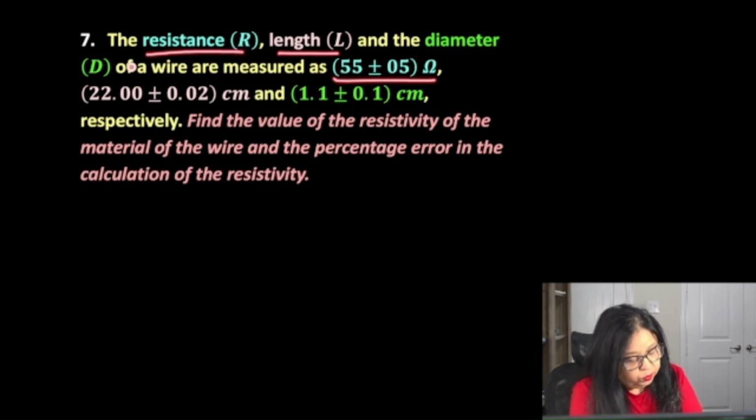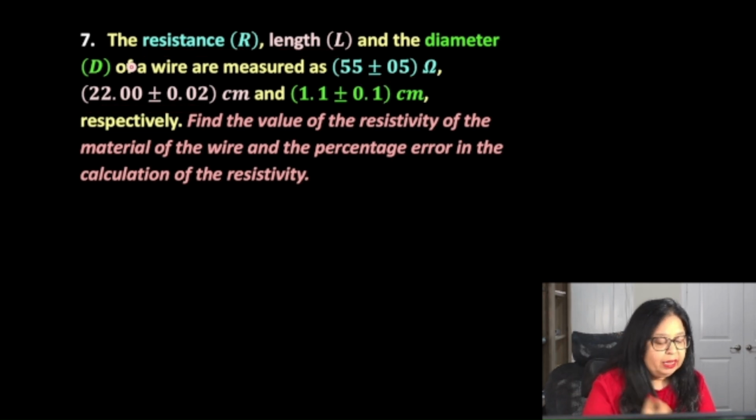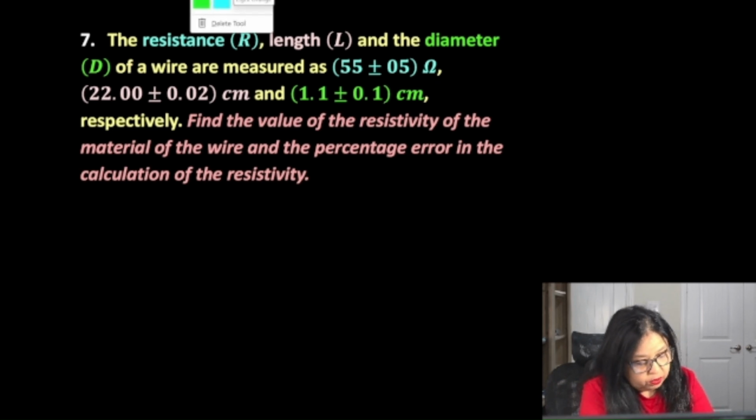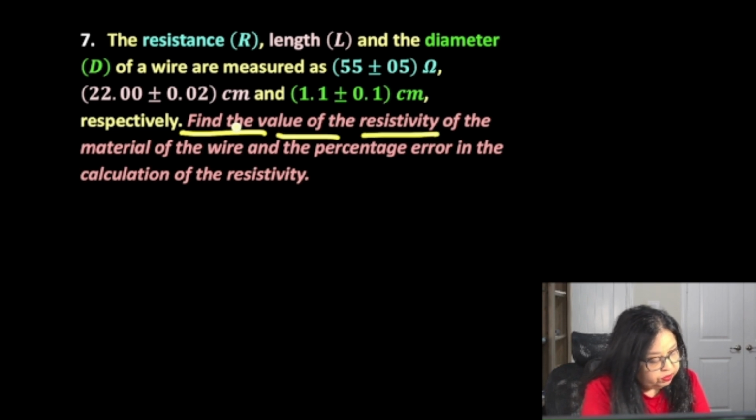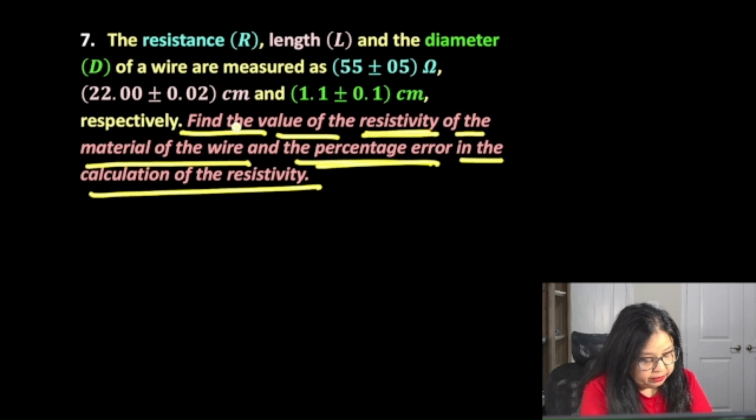The length is 22.00 plus minus 0.02 centimeters, and the diameter is 1.1 plus minus 0.1 centimeters. What are we asked to solve for? We're asked to find the value of the resistivity of the material of the wire and the corresponding percentage error in the calculation of the resistivity.